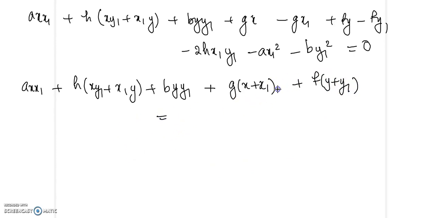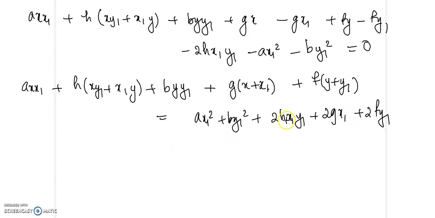Here I have added an extra g x1, sorry, I have added g x1, so it must also be subtracted. So taking the negative terms now to the right side, you will get ax1 square plus by1 square plus 2h x1 y1, then minus g x1 and this minus g x1 together give 2g x1, and similarly 2f y1. Now let me add c on both sides.